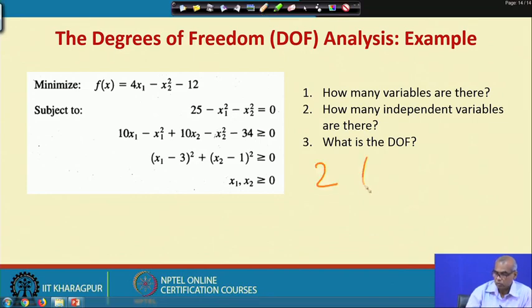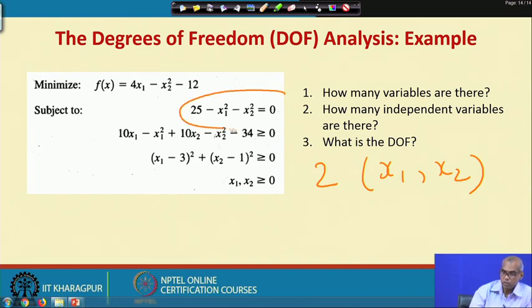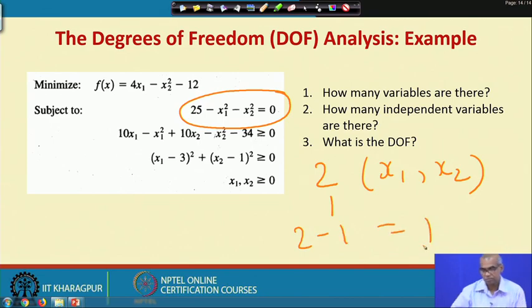Variables are 2, x1 and x2. How many independent variables are there? Look at this equation. It can be used to express x1 in terms of x2 or x2 in terms of x1. So, the number of independent variables is 1. So, degrees of freedom is 2 minus 1 equals 1.